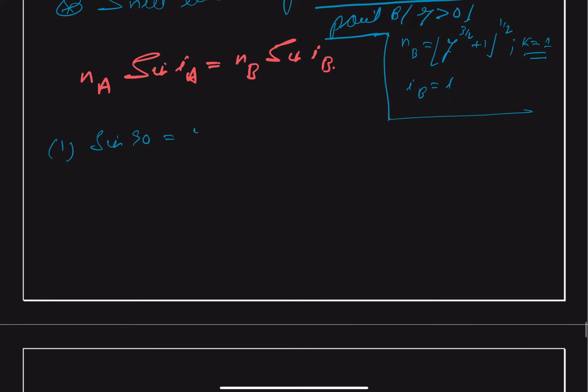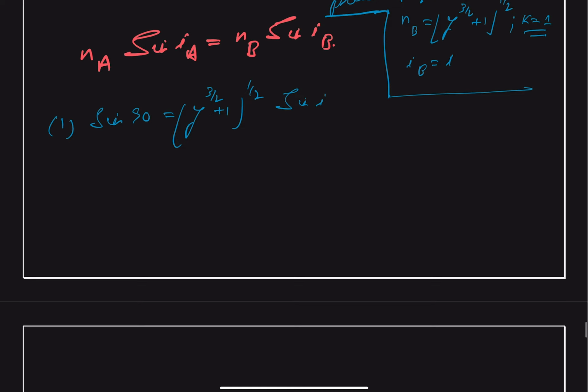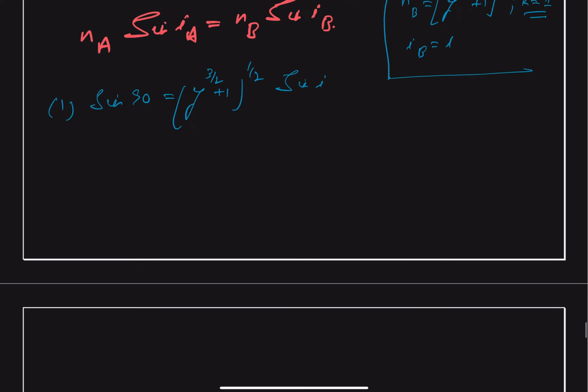NB is our (y^(3/2) + 1) raised to power 1/2, and sine IB is our sine of I. So from here we can write that our sine of I will be equal to 1 upon (y^(3/2) + 1) whole raised to power 1/2.